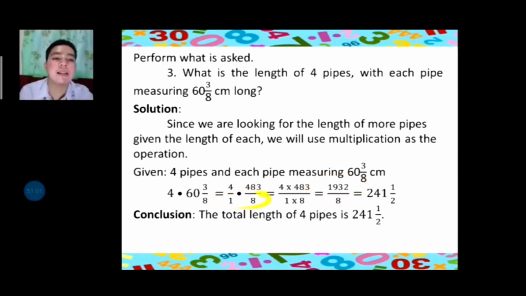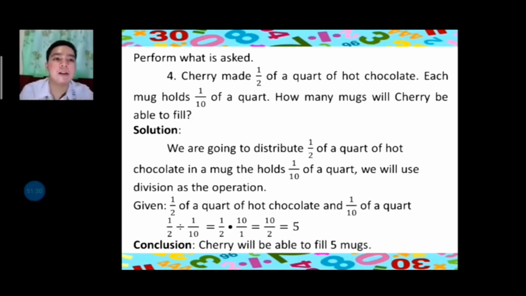Then 1 times 8 is 8. Now we have 1,932 divided by 8 is 241 and 1 half. Therefore, the total length of 4 pipes is 241 and 1 half centimeters long. That will be our unit.